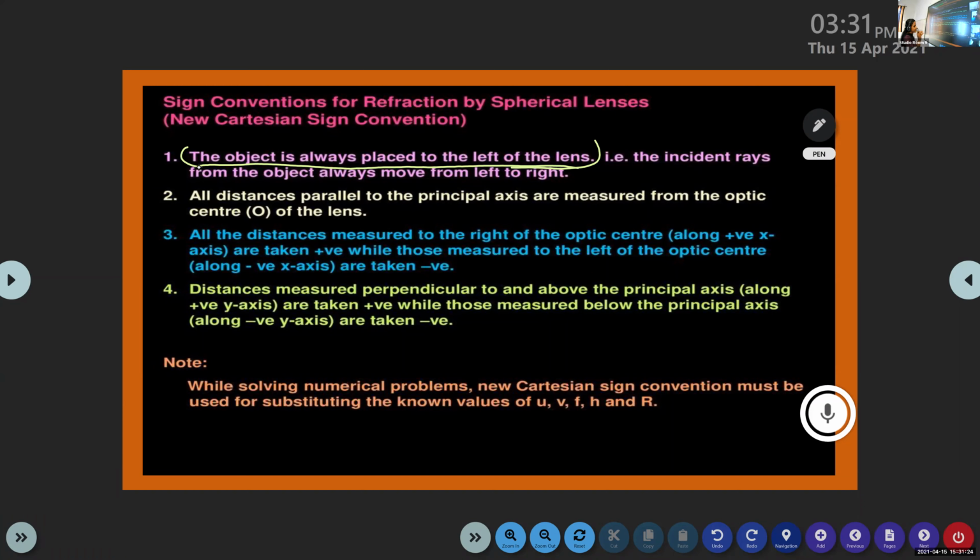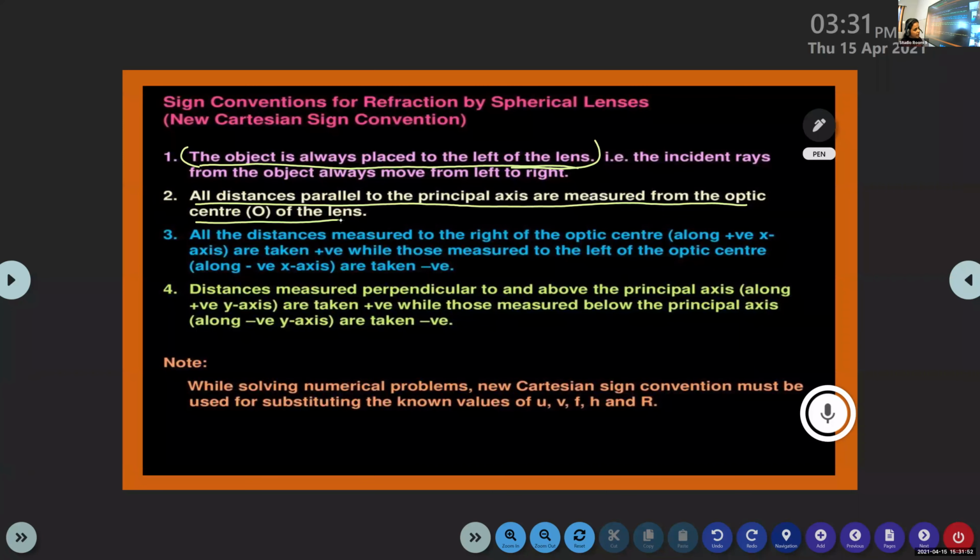The second rule is also exactly the same, but there is an exception in the center of the refracting surface of the lens. All the distance parallel to the principal axis are measured from the optic center O of the lens. In the case of mirror, instead of optic center, we have a reflecting surface with a pole, so distances are measured from the pole of the mirror.